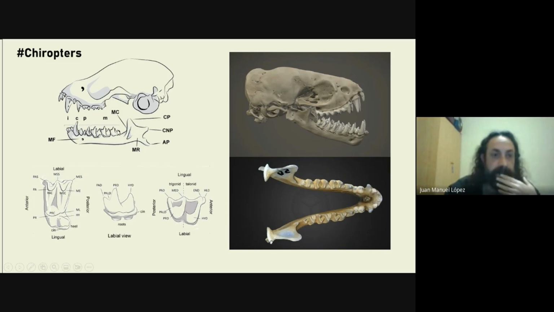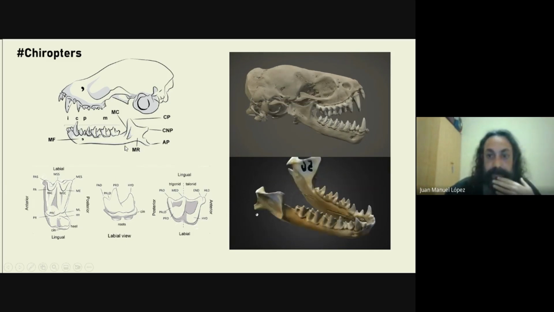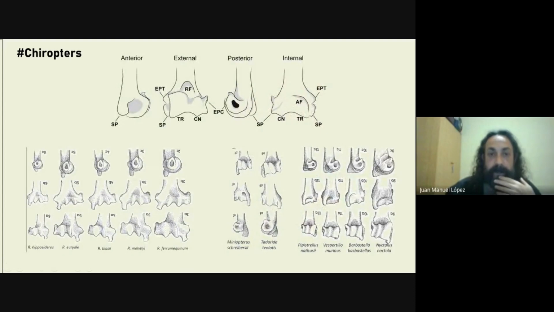Okay. We are going to pass on. Also, bats, because of the adaptation to flight, could be recognized by other bones like the humerus. This is the distal epiphysis of the humerus of bats, and you can see here that the morphology of the distal epiphysis is different in the different species.